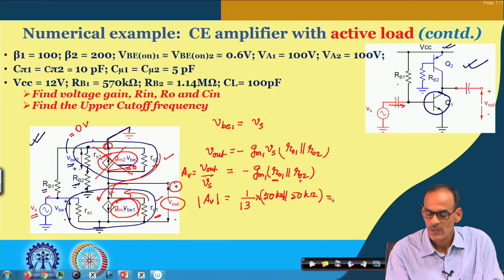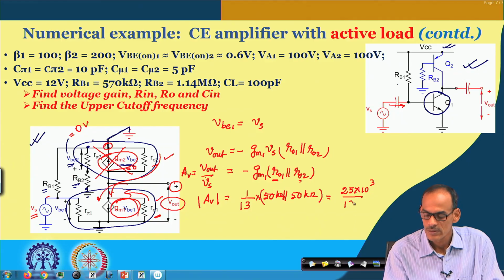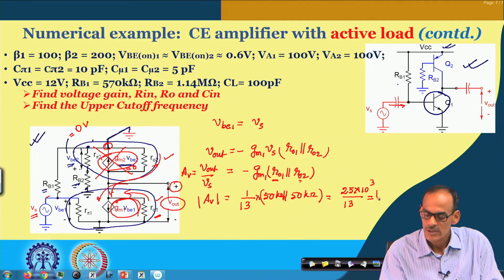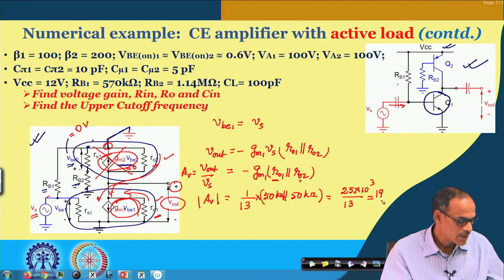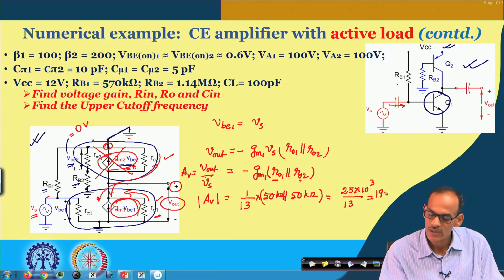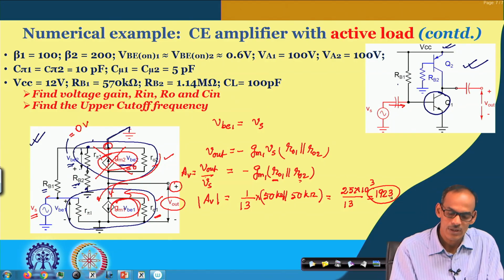So, this is 25 k divided by 13, and that is equal to something like 1900. I have done some calculation for you, 1923. So, this is the gain.